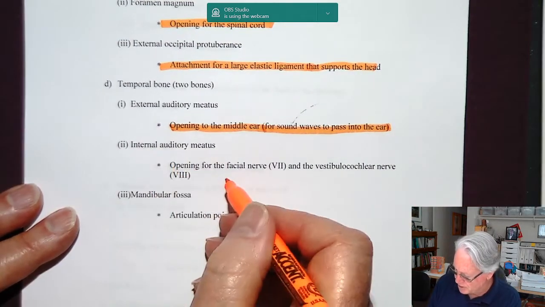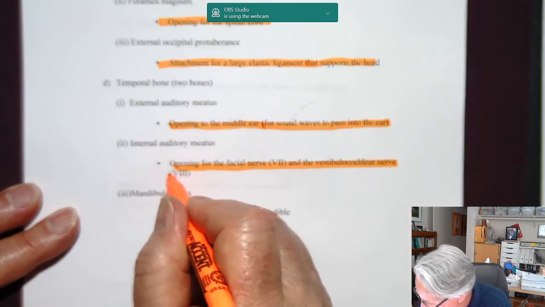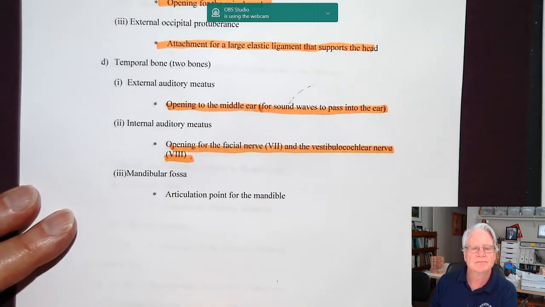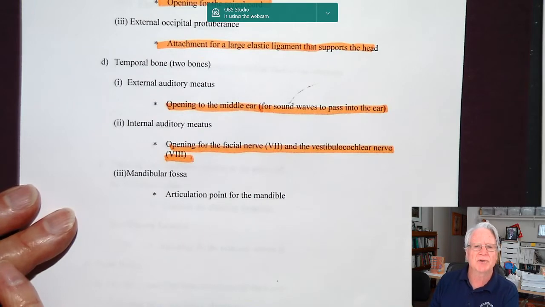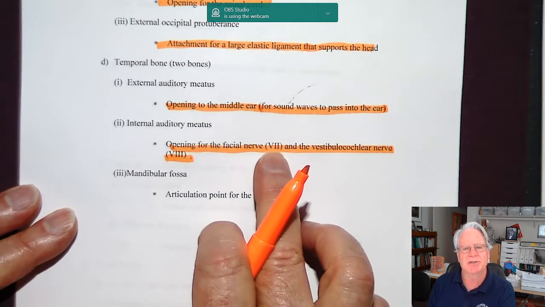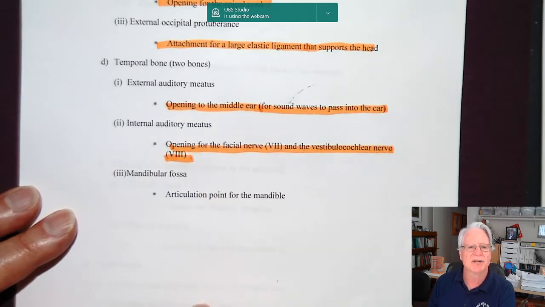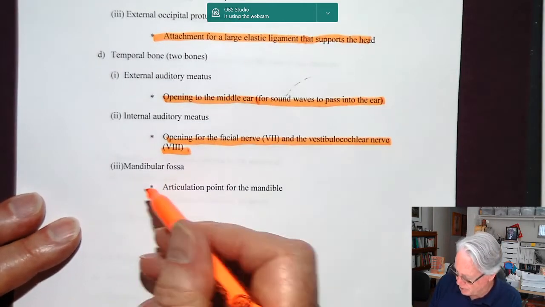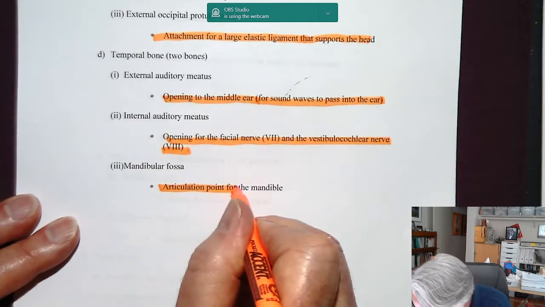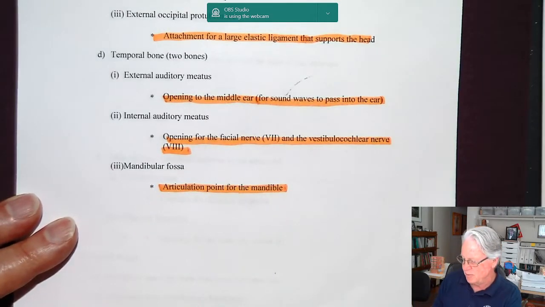The internal auditory meatus, which is the opening for the facial nerve and the vestibulocochlear nerve. So there are 12 cranial nerves, and they're numbered using Roman numerals. So this is the 7th and 8th cranial nerve. The mandibular fossa, which is our articulation point for the mandible.